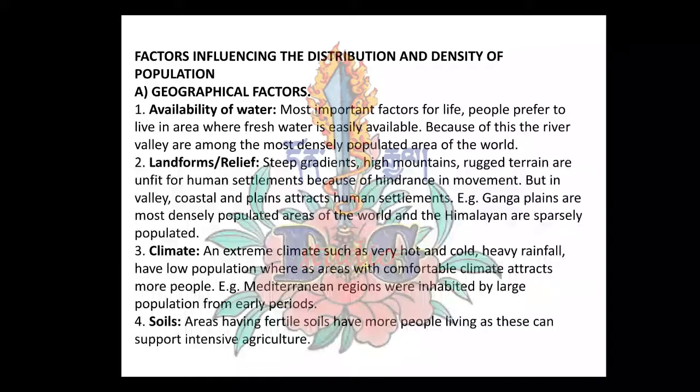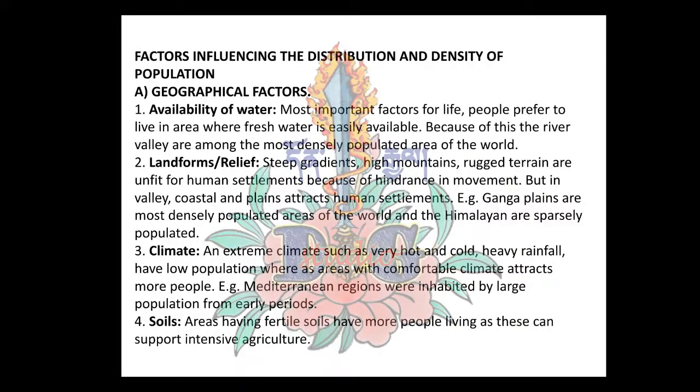In contrast to that, valleys, coastal areas and plains attract more human settlement. If you talk about examples such as India, the Ganga plains, those places located near river Ganga, are called Ganga plains because these plain areas are created by river Ganga and its tributaries. The Ganga river system is one of the most densely populated areas of the world as compared to Himalayan regions in India.